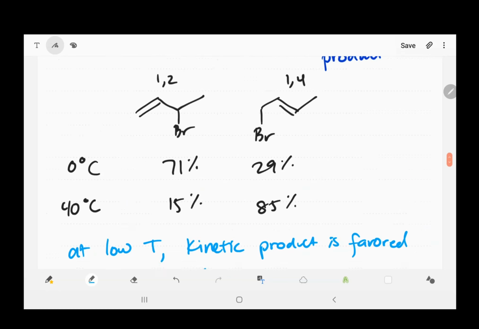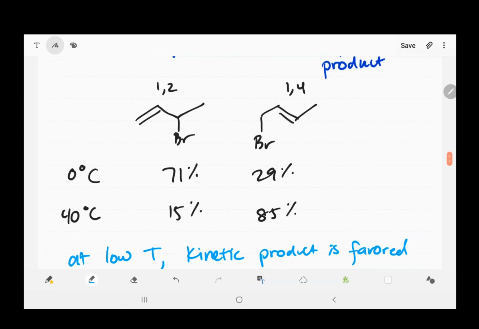So we see that, right? We see at 0 degrees Celsius we have more of the 1,2 adduct, which came from our more stable intermediate. And in the other case, once we heated things up, we're going to get more of our thermodynamic product.